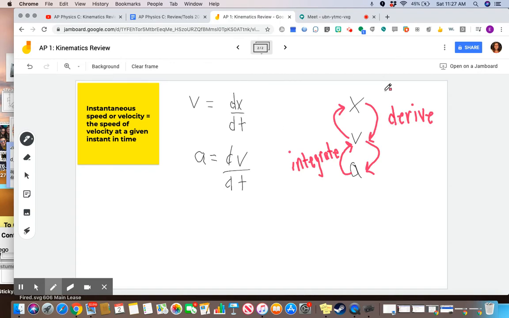So if we're given a function, f of x, which would really technically be either x of t, v of t, or a of t, we can either derive or integrate.